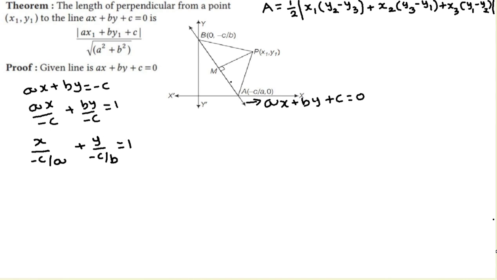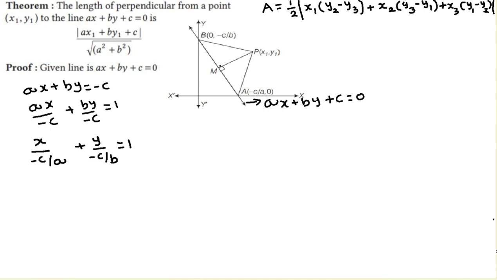Okay, now let's take the point P (x1, y1) and join it to the points A and B. A and B are the points of intersection of the line ax + by + c = 0 with the x and y axis respectively.